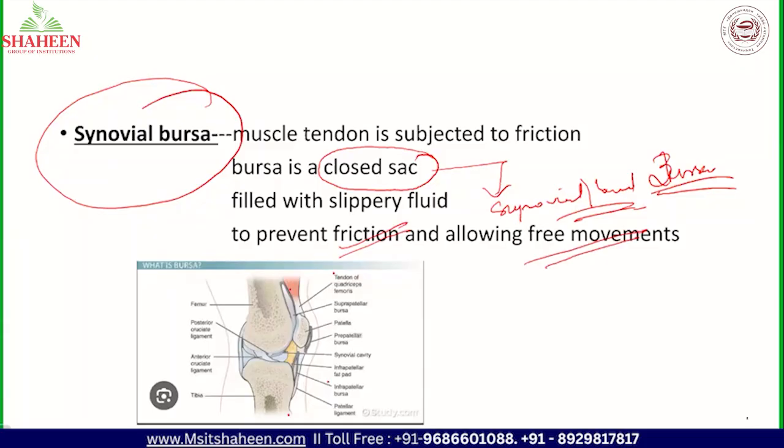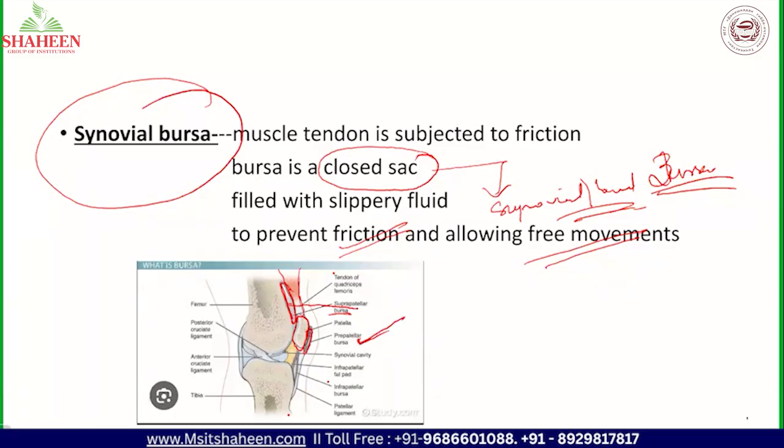In this picture, you can see a quadriceps muscle with its tendon. This is the patella. Here you can see a bursa, which is known as the suprapatellar bursa. You can see a small bursa in front of the patella, known as the prepatellar bursa.